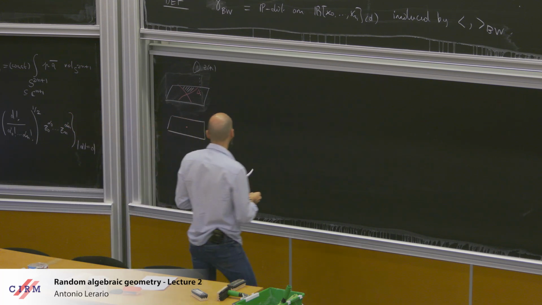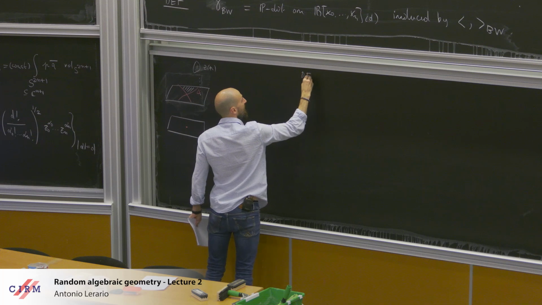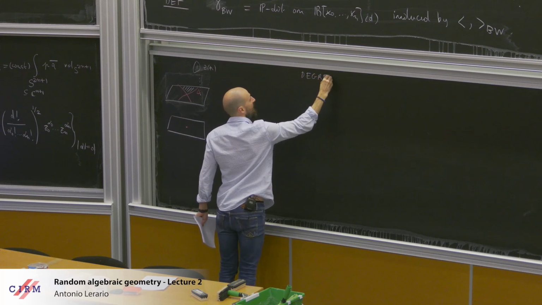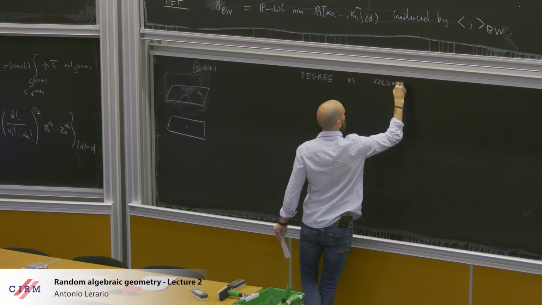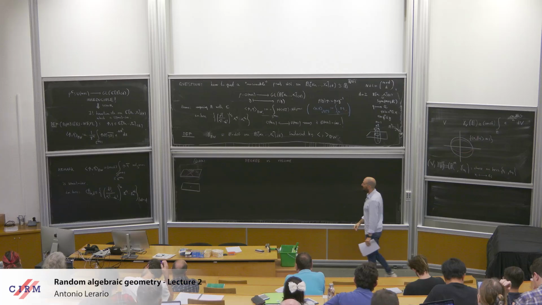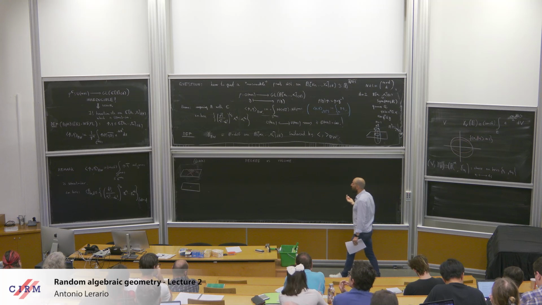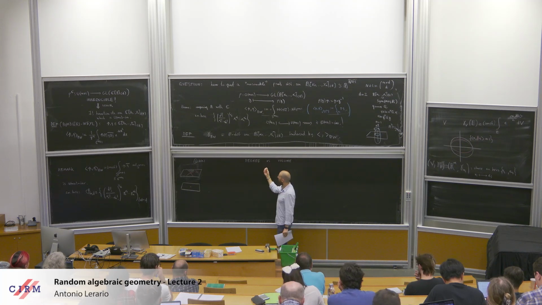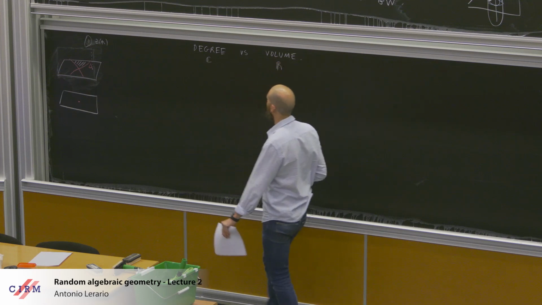So here is a tool which is quite useful and I think very important in this subject, which allows to compare the notion of degree from complex algebraic geometry with the notion of volume from real algebraic geometry.